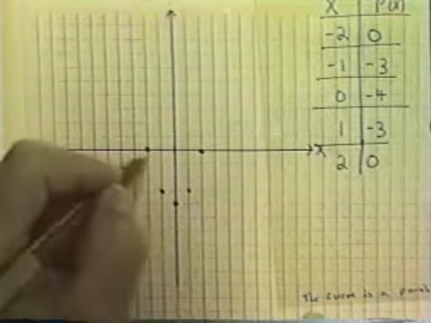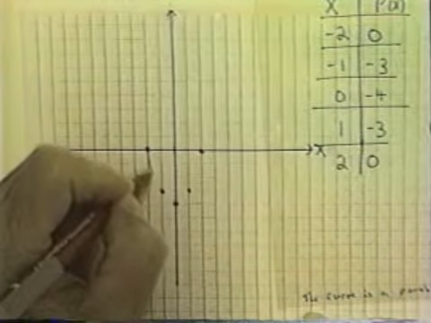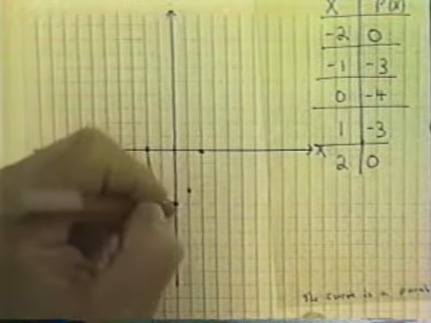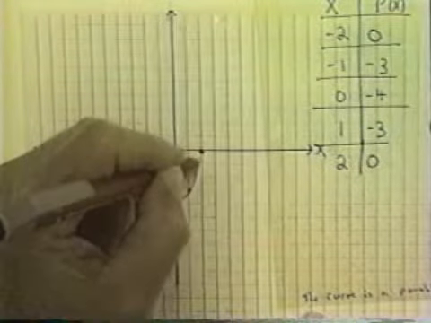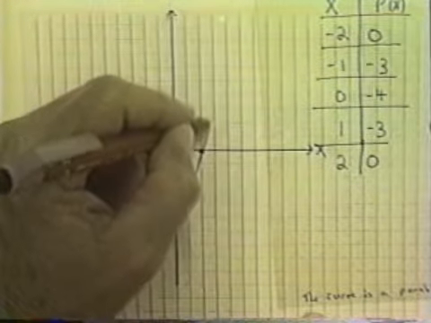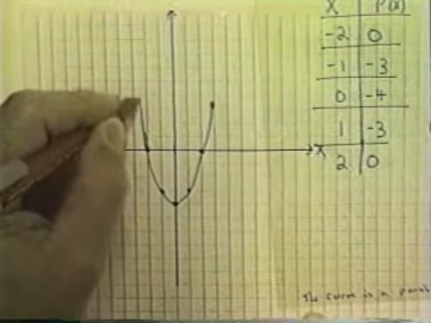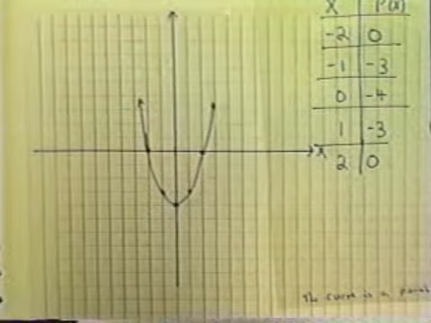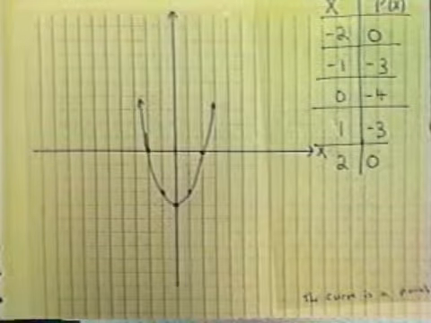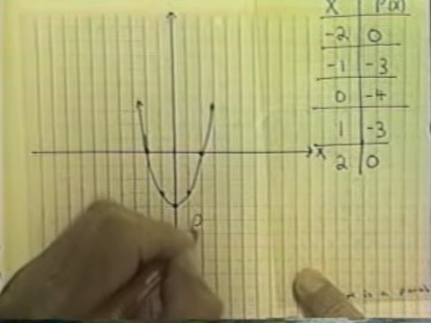Now once I get the points plotted, I draw in the curve as smoothly as I can. So there is your curve.